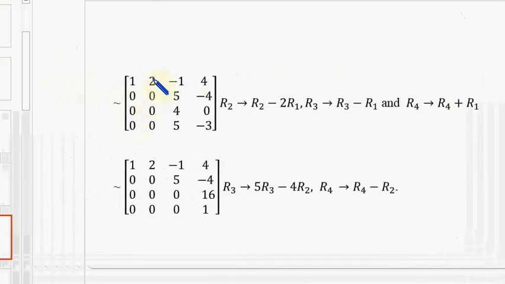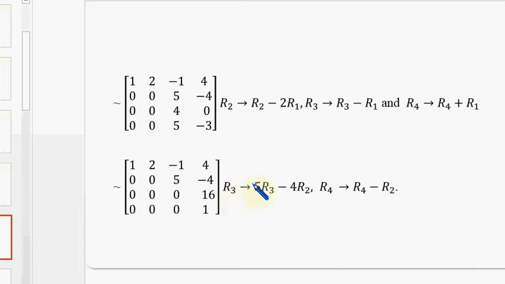The remaining terms: the first row is as it is, 1, 2, minus 1, 4. The second row becomes 0, 5, minus 4. Next is 0, 4, 0. Next is 0, 5, minus 3. The next leading element is 4.